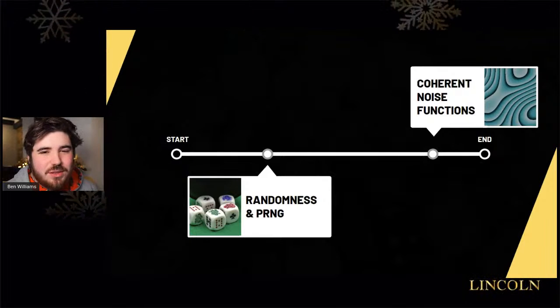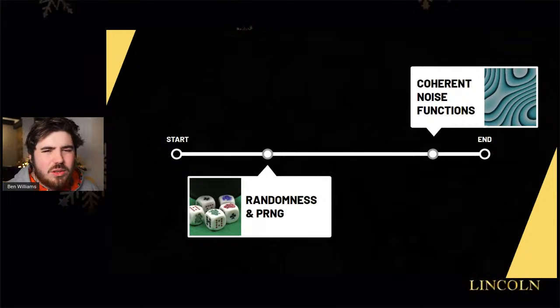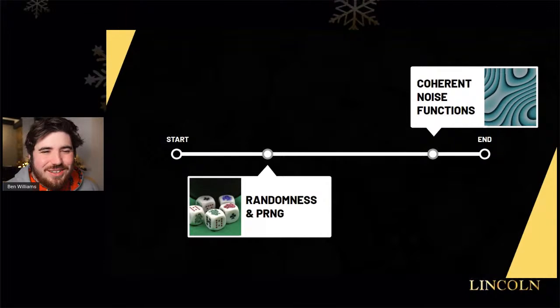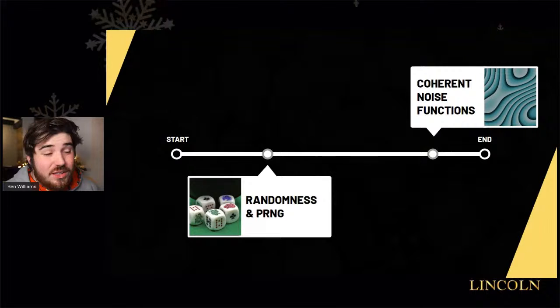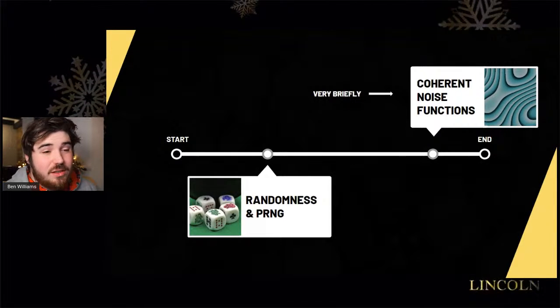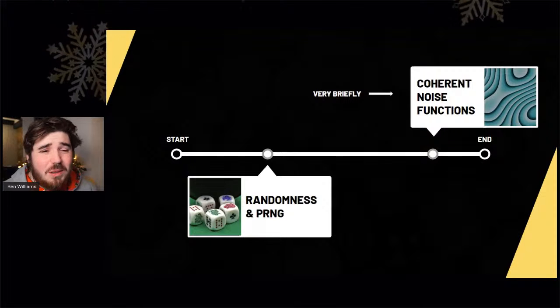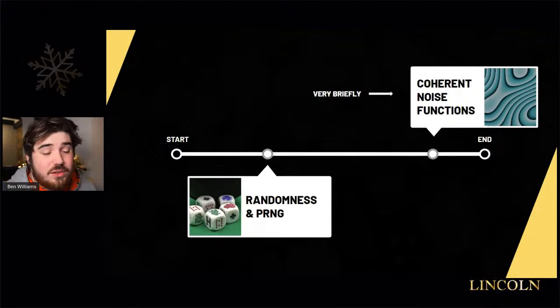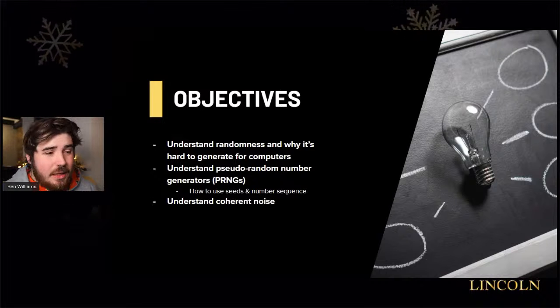I definitely recommend you check them out, and we'll talk about what they are at the end. But we're not going to go into mad detail about them. The main part of this talk is randomness and PRNG. So we're going to talk about the stuff at the end very briefly. It's mostly all of this today: randomness and PRNG.